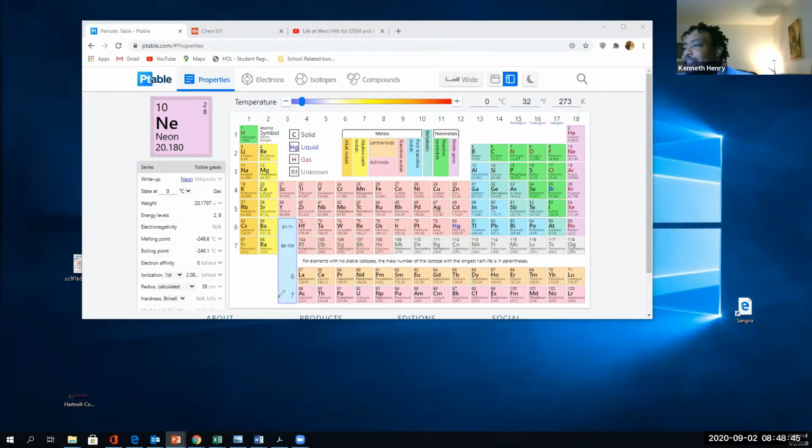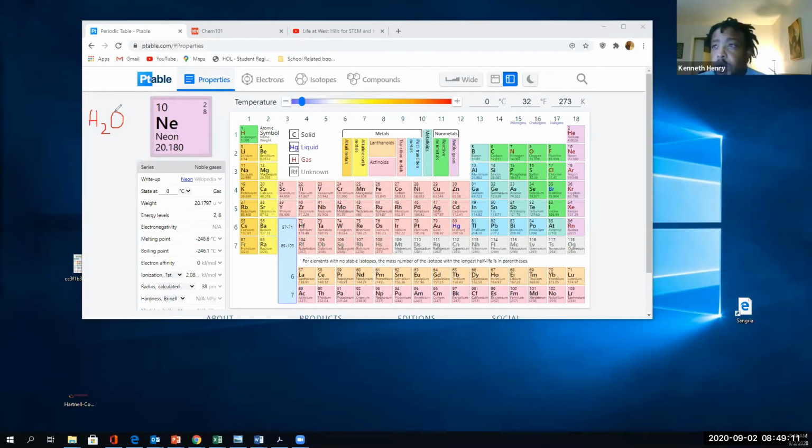Okay, so let's talk about these type of bonds. So we have water, H2O. Now, hydrogen has one electron that it can share, and it's always going to have one electron. Hydrogen is going to want to be like helium, so it only wants to get one electron.